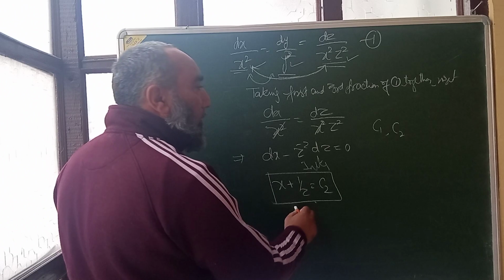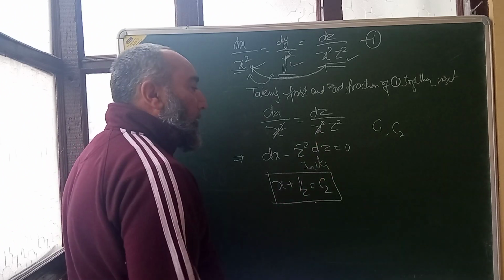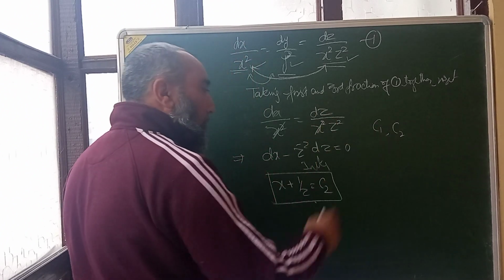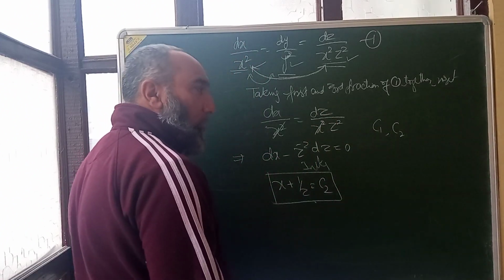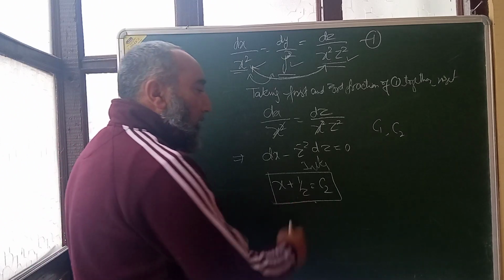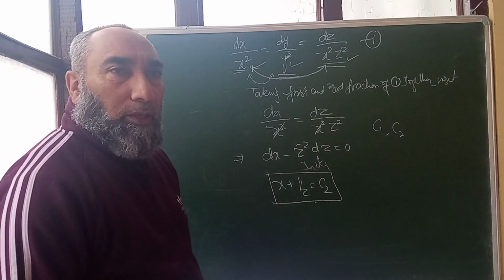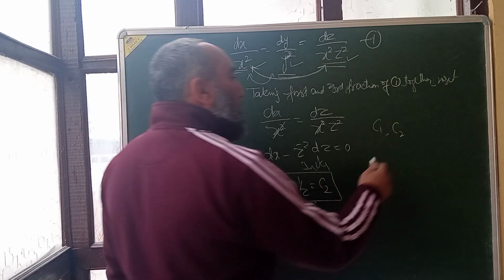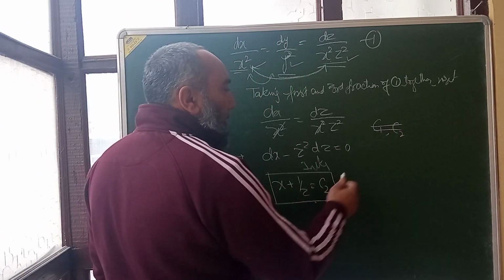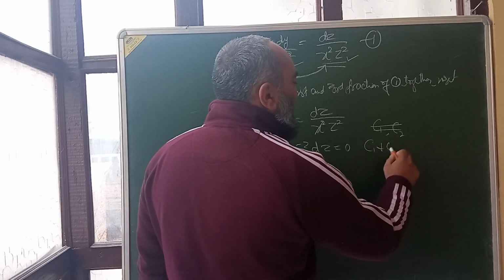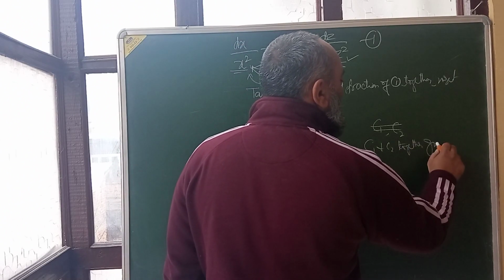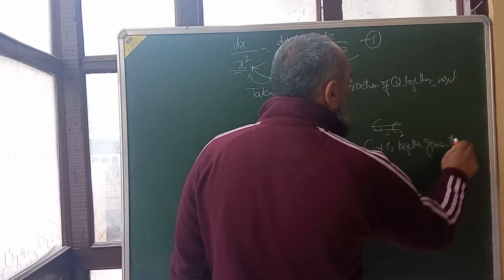If this is v and the first one was u, then u and v, or c1 and c2 together, give the complete solution.